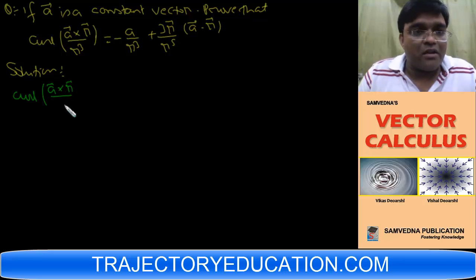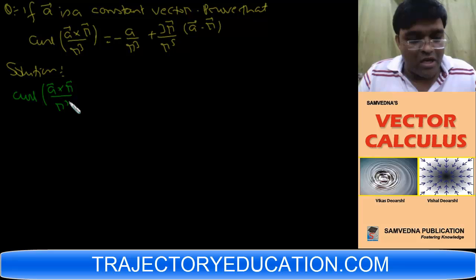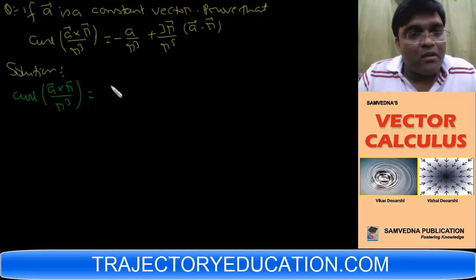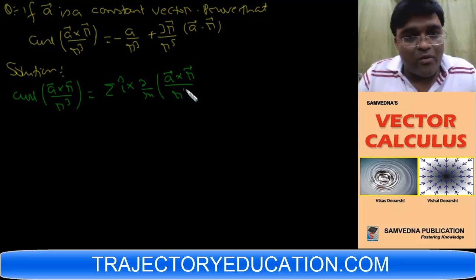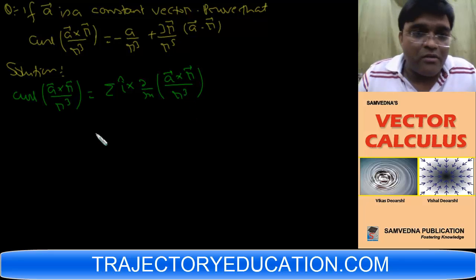(A×R)/R³ is basically by definition Σ i × ∂/∂x of (A×R)/R³. Alright, so I differentiate it using the chain rule.